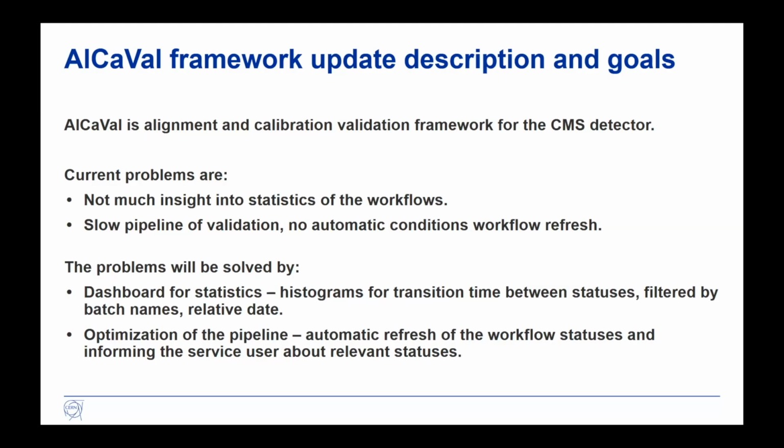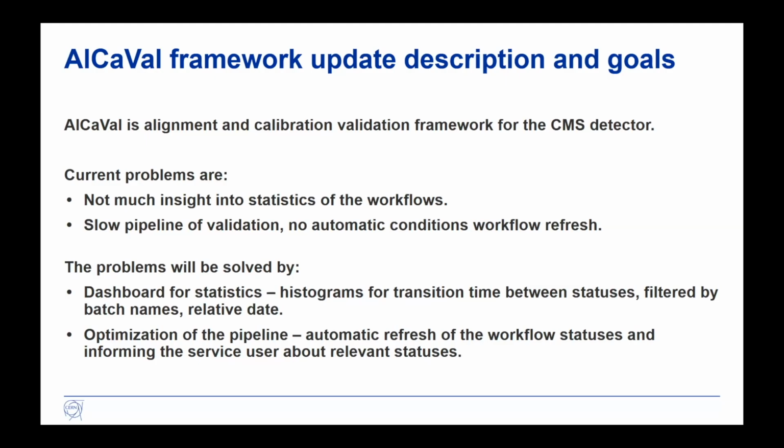And these workflows have tons of different statuses. Current problems are that there's not much insight into statistics of the workflows, how quickly they change status, and whether there are any bottlenecks.